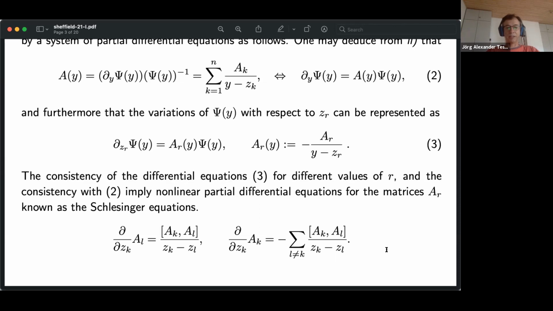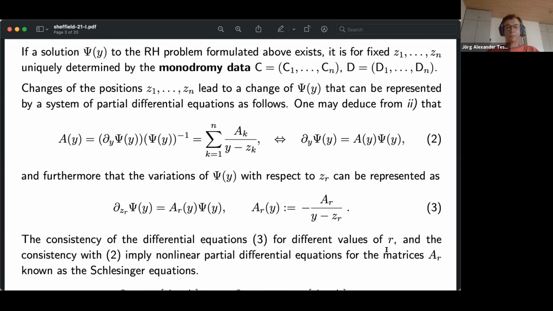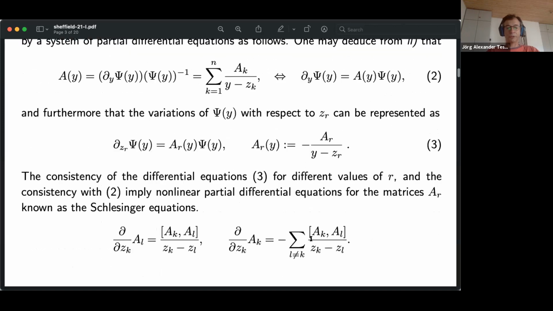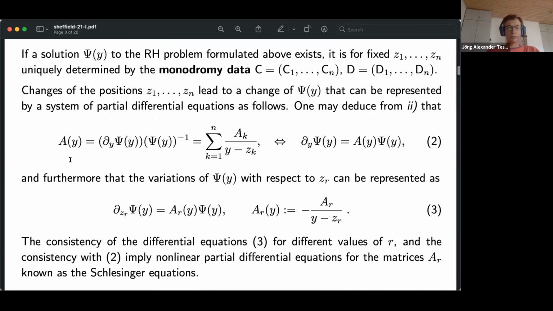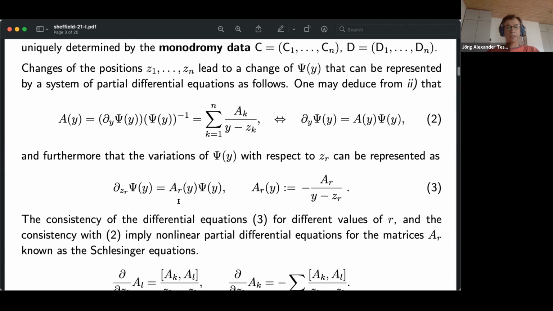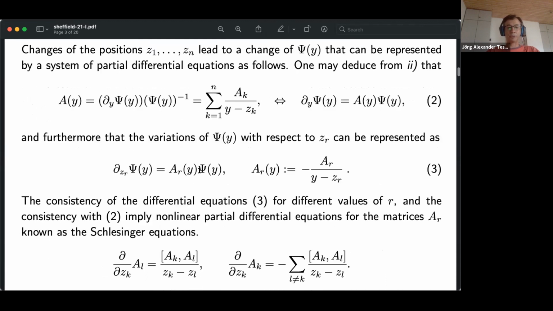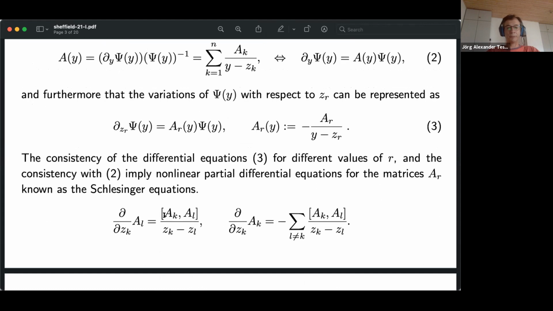You could say that a solution to the Riemann-Hilbert problem solves the Schlesinger equations because, given that you have a solution to the Riemann-Hilbert problem, which is our matrix valued function psi of y, you just take derivatives like here to get A of y or Ar of y, and from that you reconstruct the solution to the Schlesinger equations basically for free.